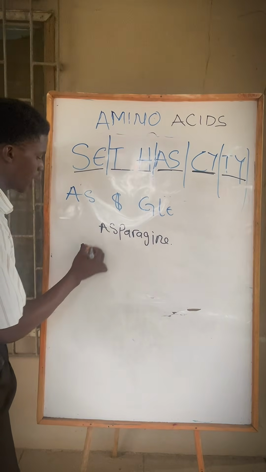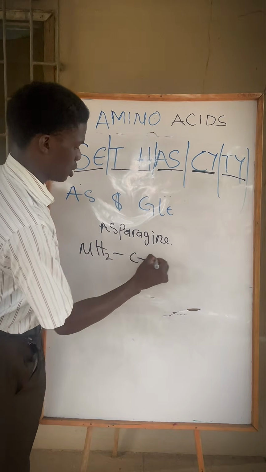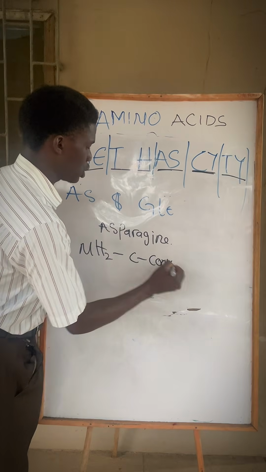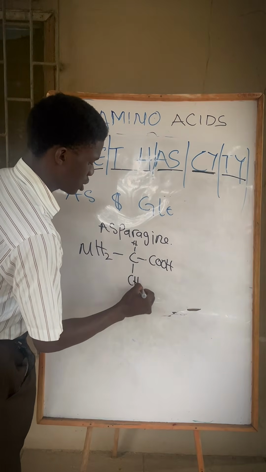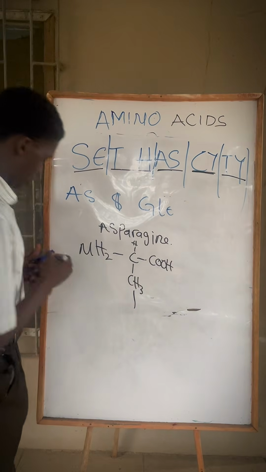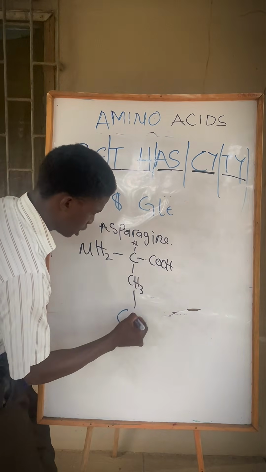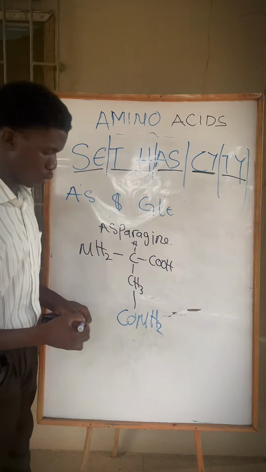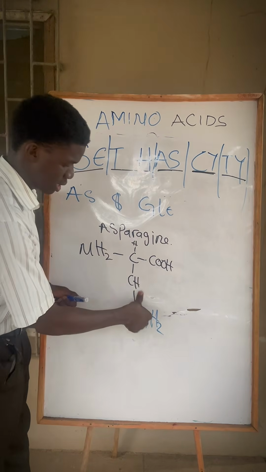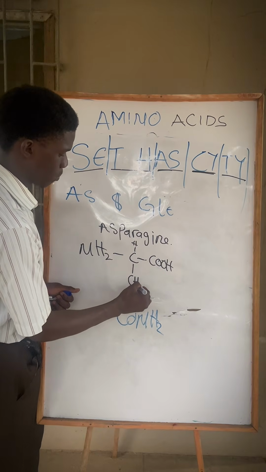So for the asparagine, we are going to draw NH2, COOH, H, CH3. Now the amide group, which is CONH2. Do you understand it? But remove one hydrogen from this methyl just for the bonds around the carbon to be complete.